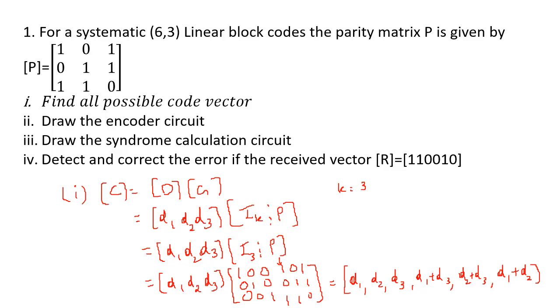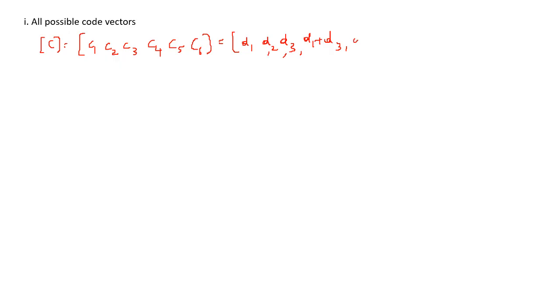C, of size 6 bits, C1, C2, C3, C4, C5, C6, is given by D1, D2, D3. The initial 3 bits are the same as the given message. The next 3 bits will be D1 plus D3, D2 plus D3, and the last bit is D1 plus D2.